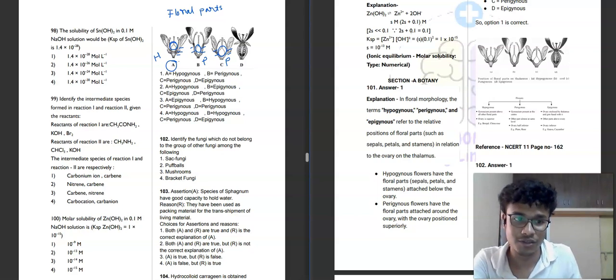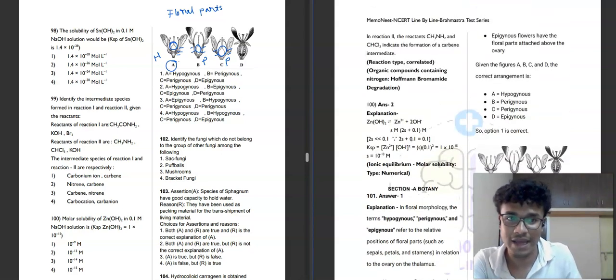Last, D, this structure is basically epigynous. Why is this epigynous? Because the floral parts are attached above the ovary. So first option, A hypogynous, B perigynous, C perigynous, and D epigynous will be our correct answer for this question.